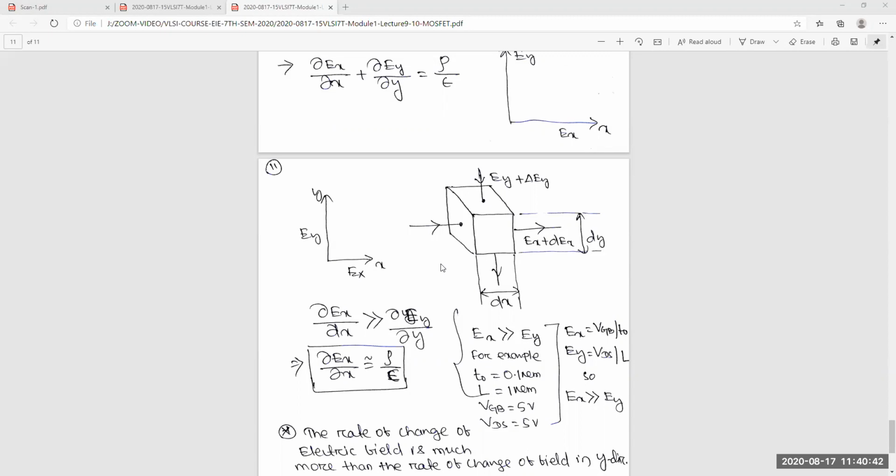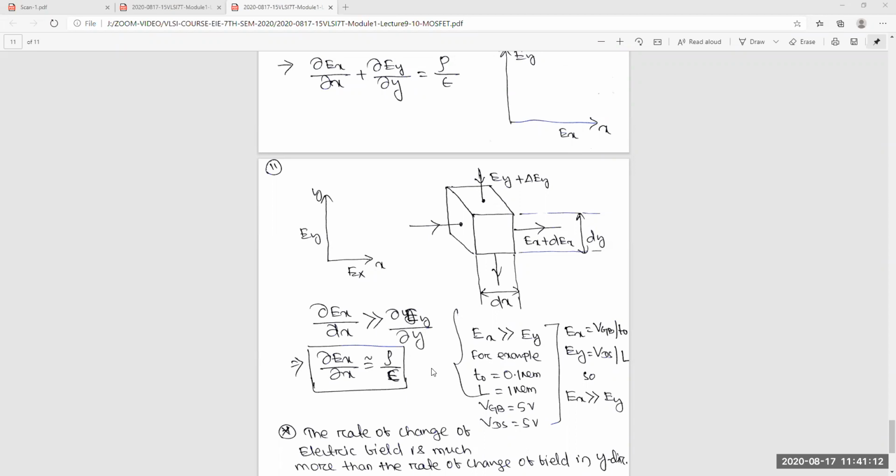Are you getting it or not? The electric field in the y direction is comparatively very small, because in the x direction the thickness is very small. The oxide thickness T0 is very small compared to L. So dEx/dx is very high, and that's why we can discard this part.